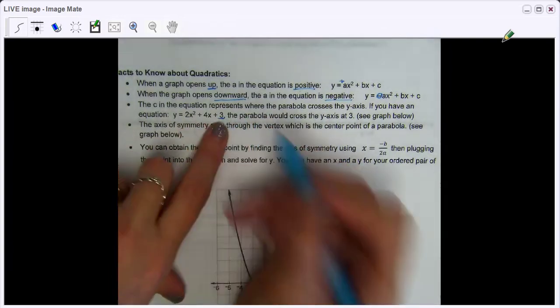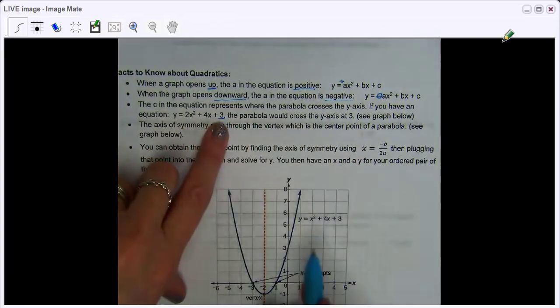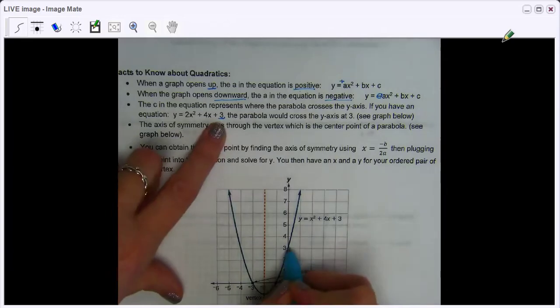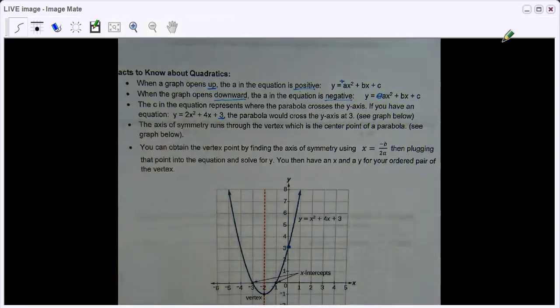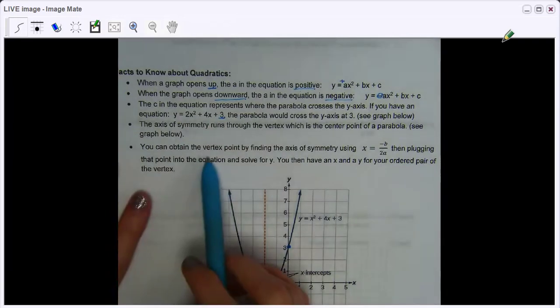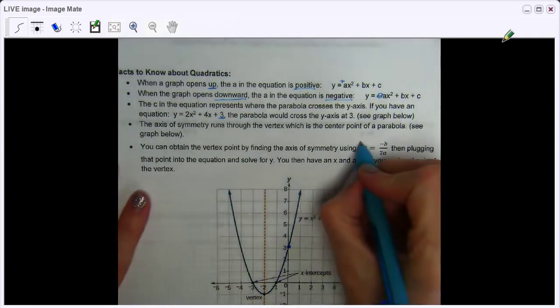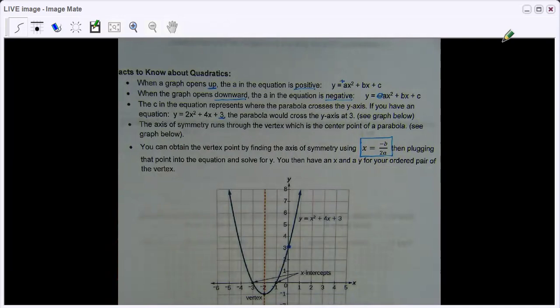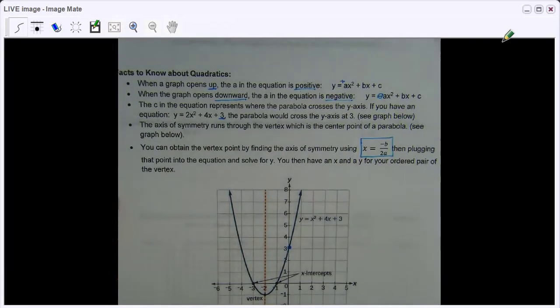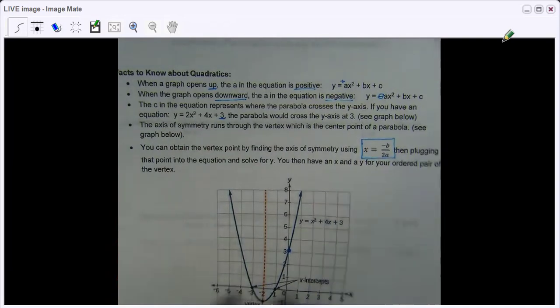So that means the y will cross at 0, 3, like it does right here. So that's easy to identify where it's going to cross the y-axis. The axis of symmetry runs through the vertex, which is the center of the parabola. We talked about that, and you can get the vertex by using this formula right here, and I'll show you how that works, and then plugging it into y, or finding y.